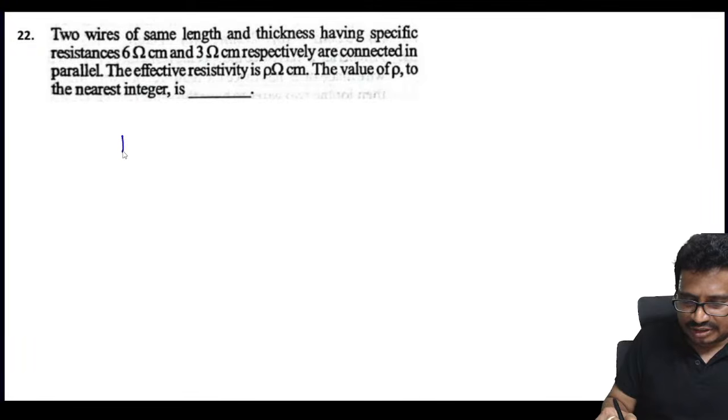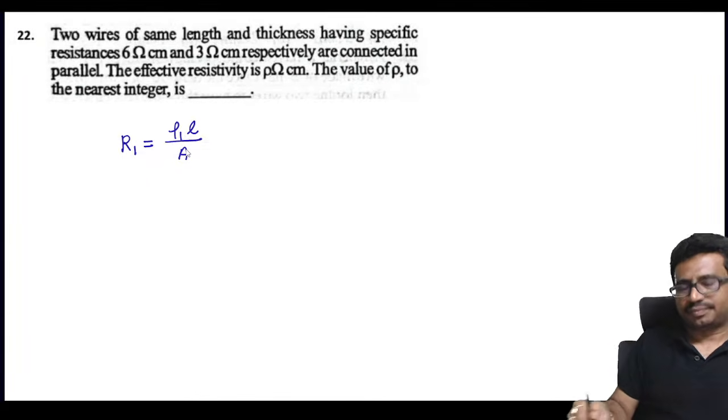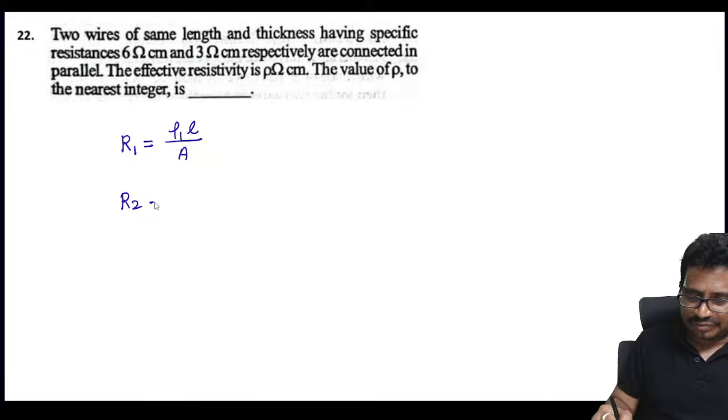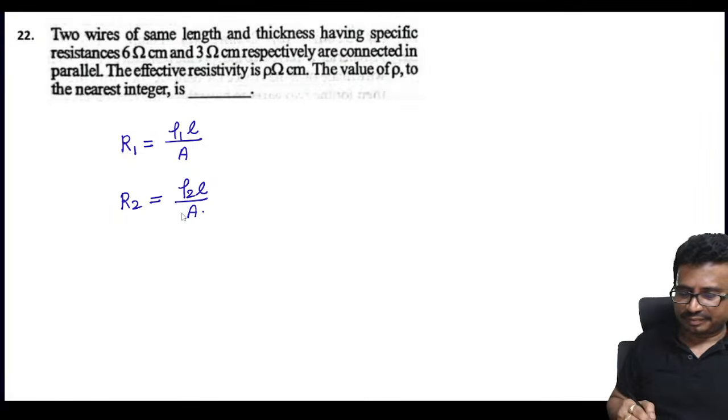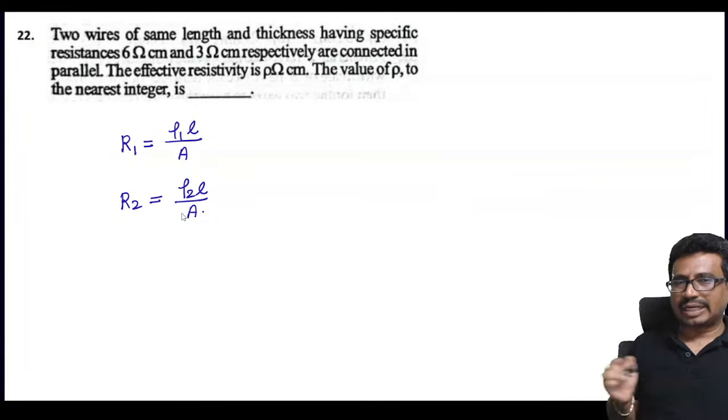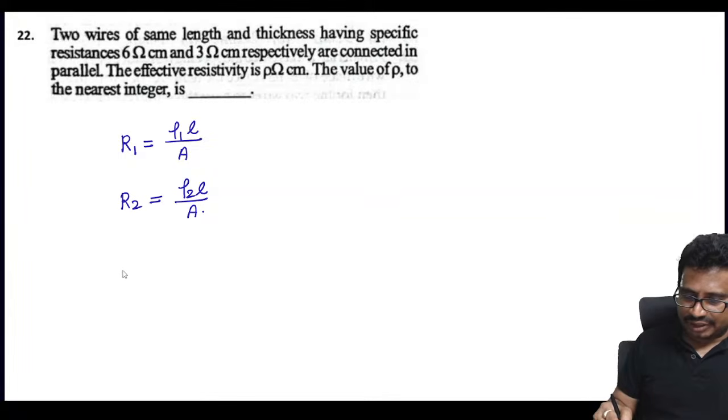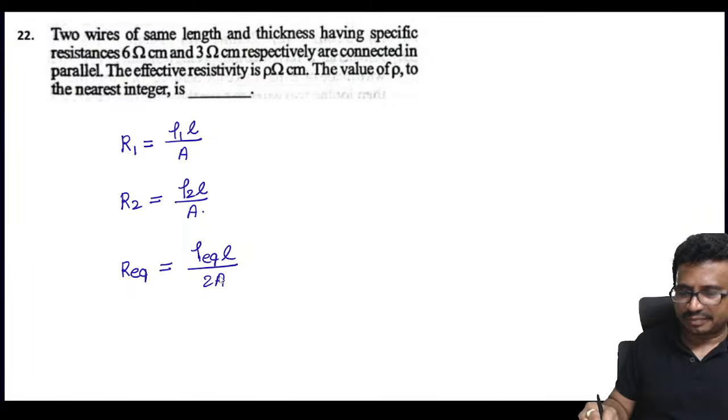The resistance of any material is given as rho 1 into L by A, and the second one is rho 2 into L by A. When these two are connected in parallel, the effective value is R effective, which will be rho effective. Length is the same, area will be 2A, A plus A.